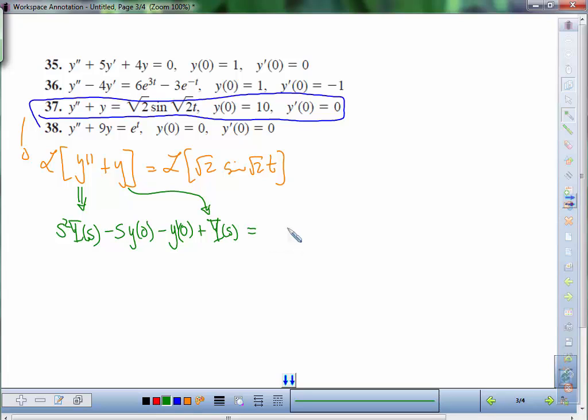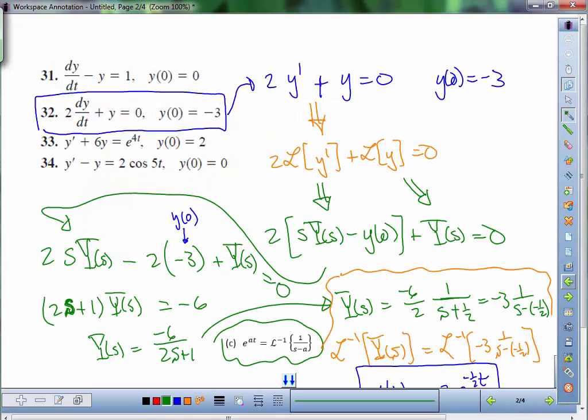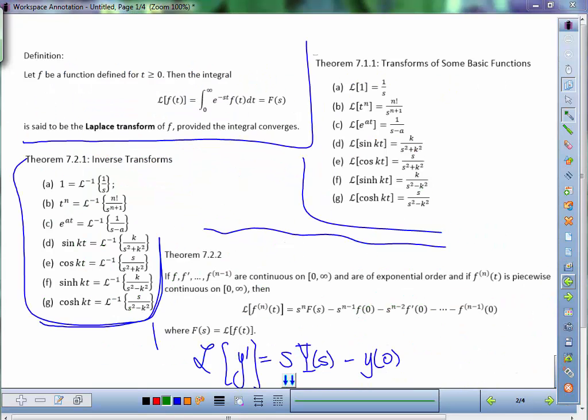We good with that? Ask a question. These ones? They came from our theorem for taking derivatives.